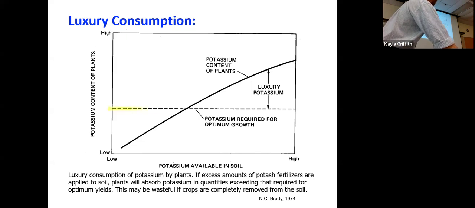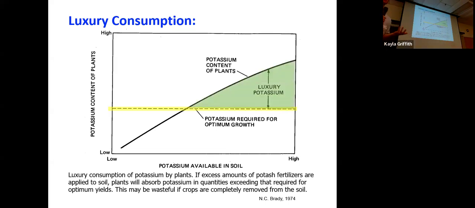At this threshold, this is where we would draw the line for how much potassium plants would need. Above this line, plants are dipping into a pool of potassium that's in excess of what they need. So it's a luxury consumption. Above this line, we're removing potassium from the system, and it's leaving, and it has to be replenished some way. So luxury consumption can mean the depletion of this material from the soil.